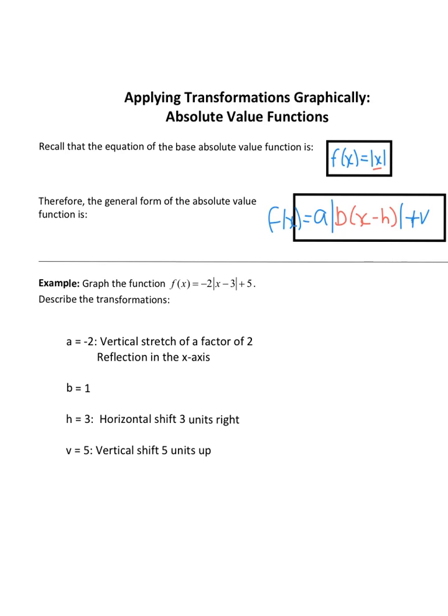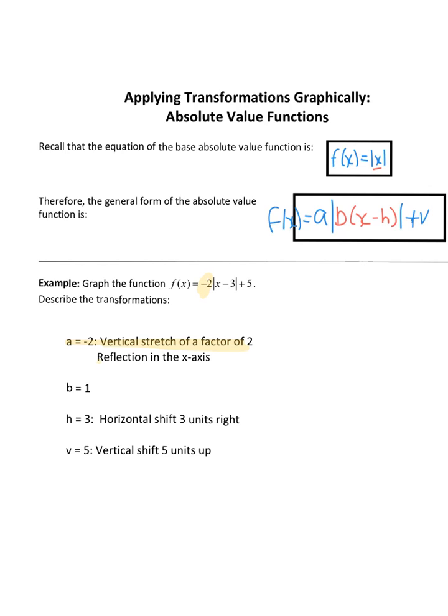We are asked to graph the function f of x equals negative 2 times the absolute value of x minus 3 plus 5. So here our a value is negative 2. This means two things. First, it means that there is a vertical stretch of factor 2 because the absolute value of a is 2.